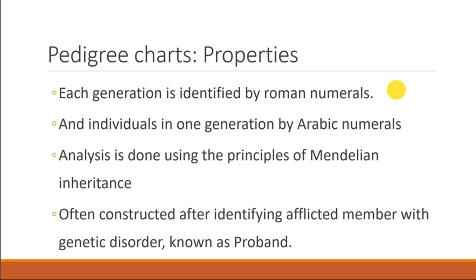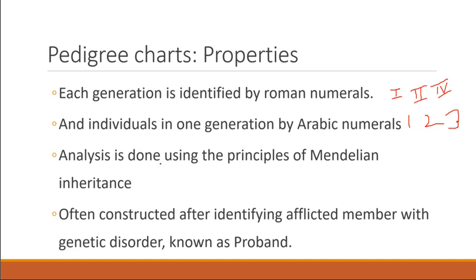I'm pretty sure you are aware of what Roman numerals are. This is 1, this is 2, right? This is 4. These are Roman numerals. Arabic numerals are 1, 2, 3, sort of, right? So every generation we represent by Roman numerals, and every individual is represented by Arabic numerals.